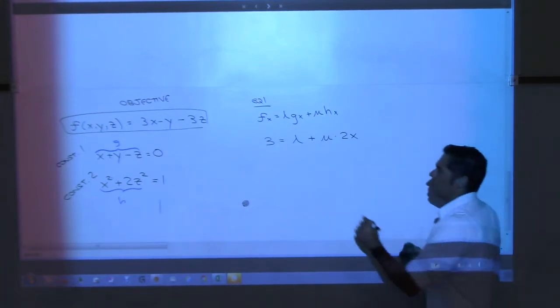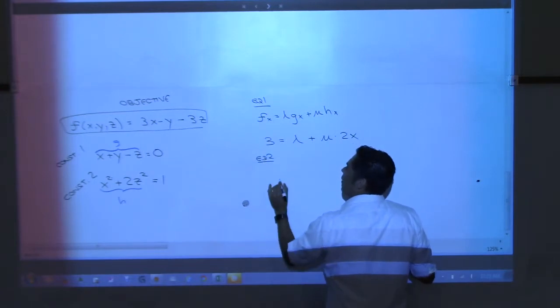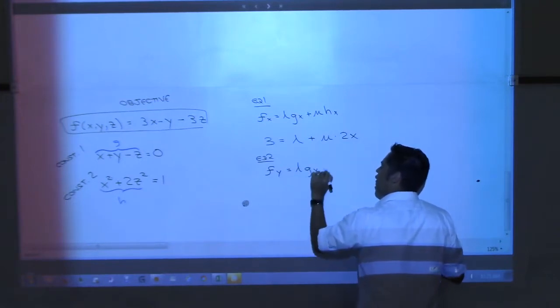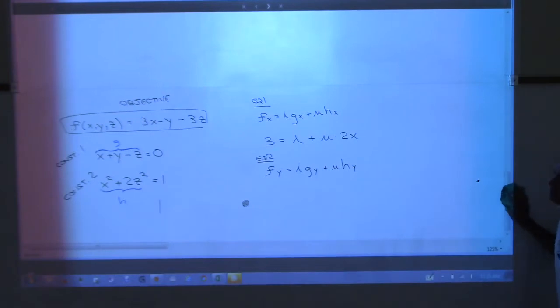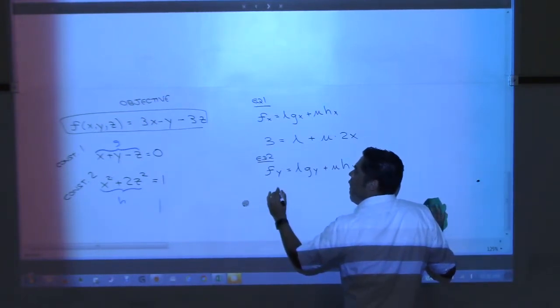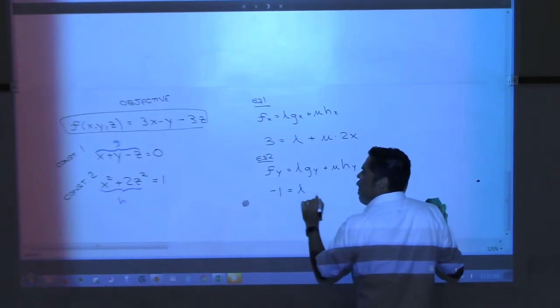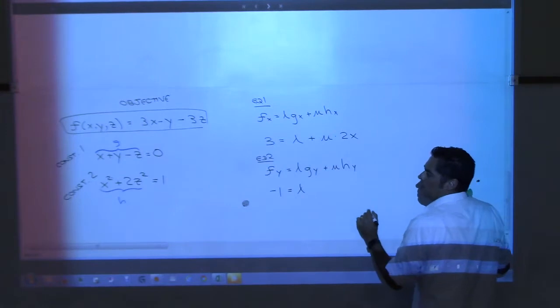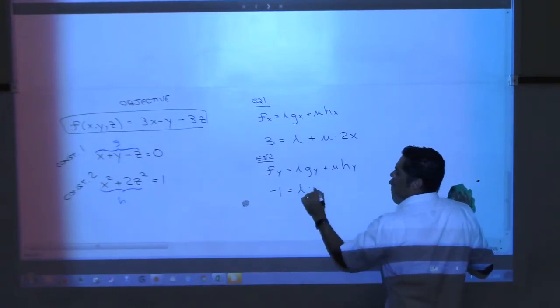The first equation. Second equation. Partial of f with respect to y equals lambda partial g with respect to y plus mu partial h with respect to y. So partial of f with respect to y, -1, equals lambda times partial of g with respect to y, 1, right?